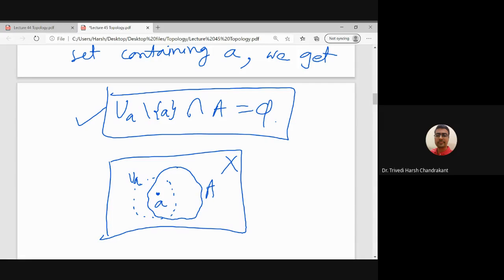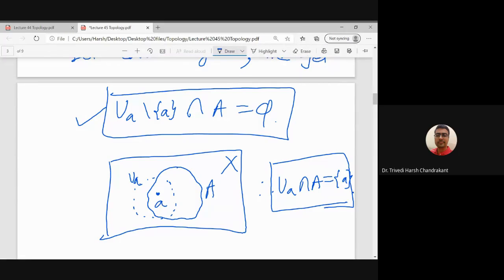So U_a intersection A is nothing but the singleton set a, and this is true for every a, because for every a we are getting a neighborhood U_a.